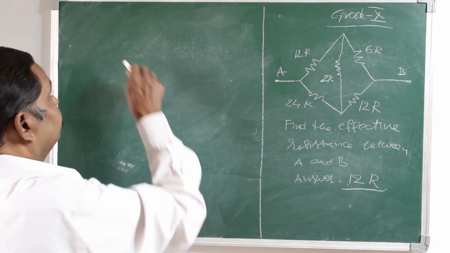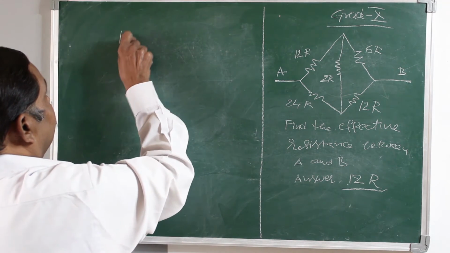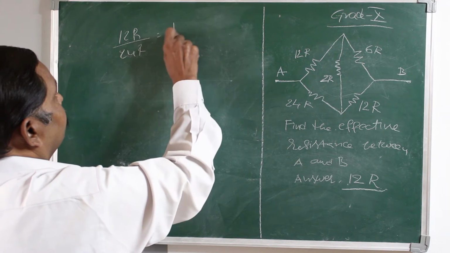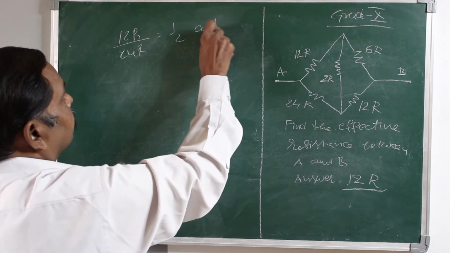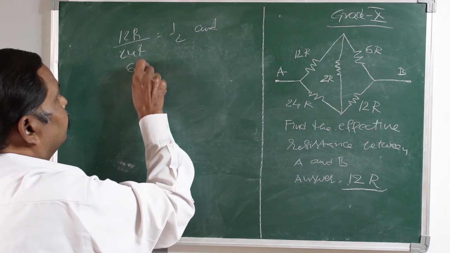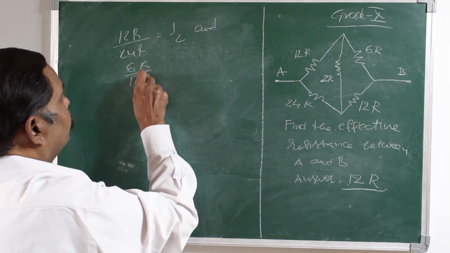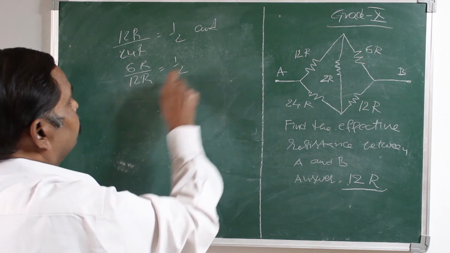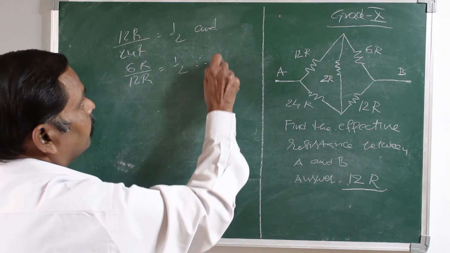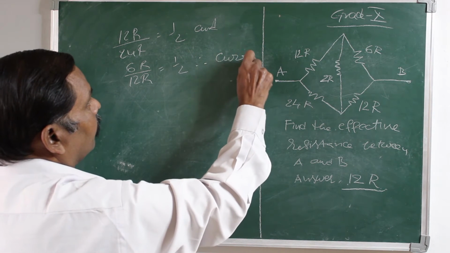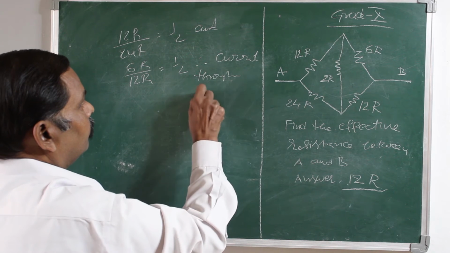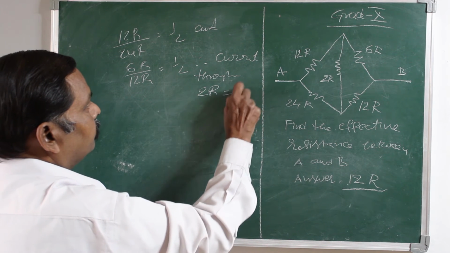Now here 12R by 24R is equal to 1 by 2, and 6R by 12R is also equal to 1 by 2. Therefore, the current through 2R is equal to 0.